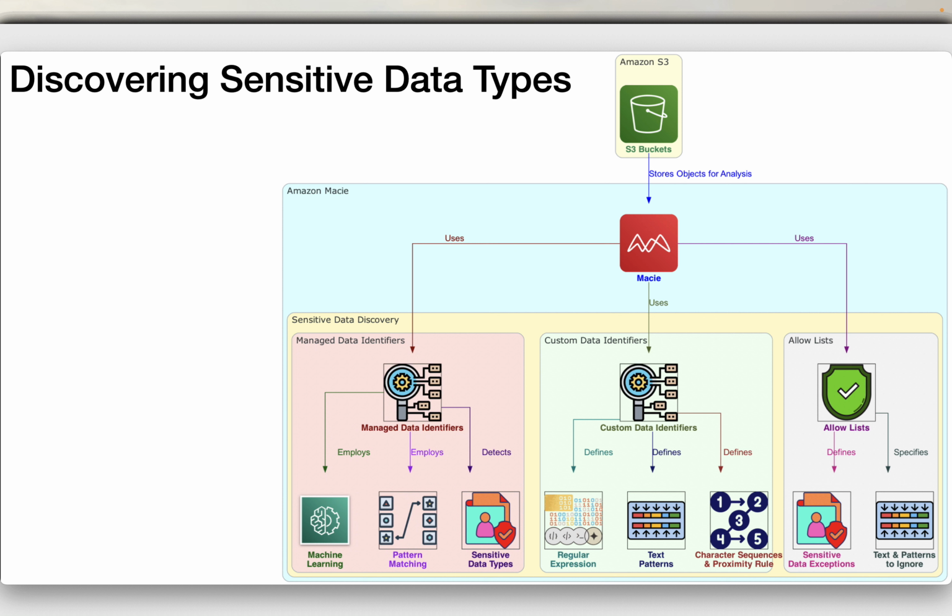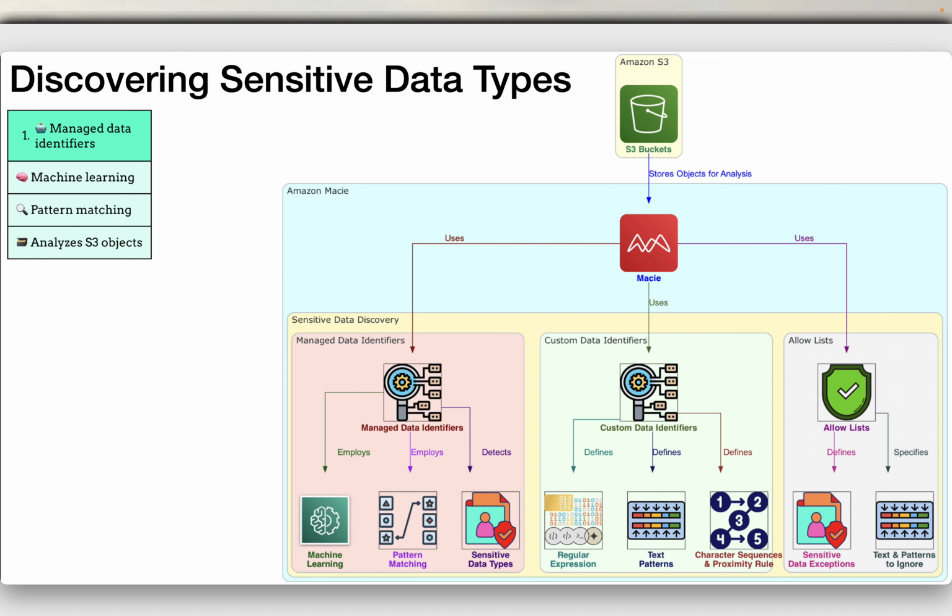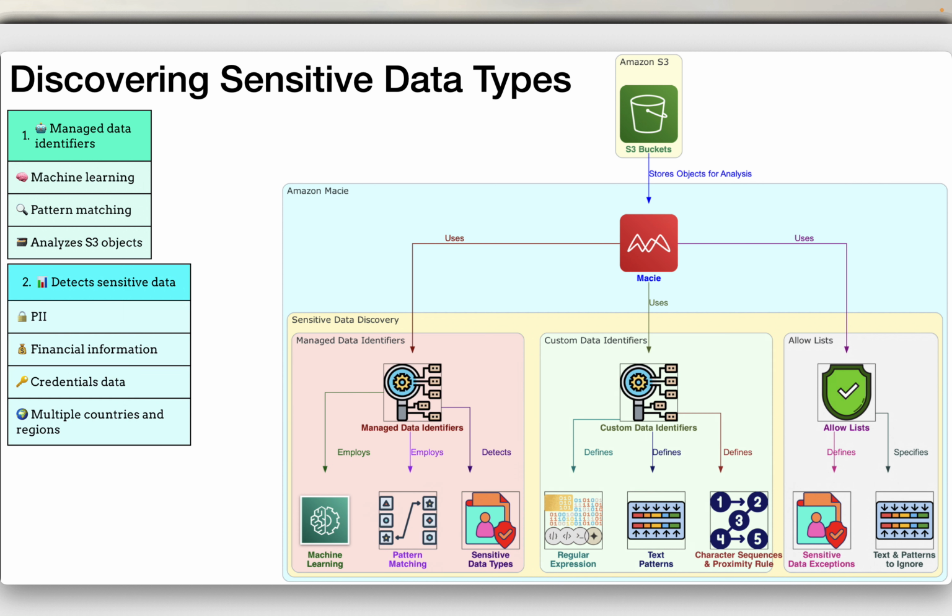Okay, next feature is discovering sensitive data types. Macie uses built-in criteria and techniques such as machine learning and pattern matching to analyze objects in S3 buckets and discover sensitive data. Managed data identifiers can detect a large and growing list of sensitive data types for many countries and regions, including multiple types of personally identifiable information, financial information, and credentials data.